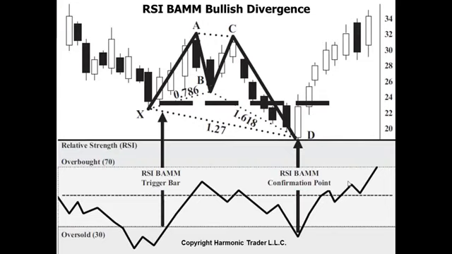As we looked at in the other seminars of RSI, RSI BAM is a unique type of divergence where our initial reading is a W formation up to the 50 level, and then followed by a secondary test, which is impulsive. I encourage you to go back and review the basics of the RSI BAM, but this is where we bring together the most powerful elements of harmonic pattern price recognition and Wilder's divergence concepts.